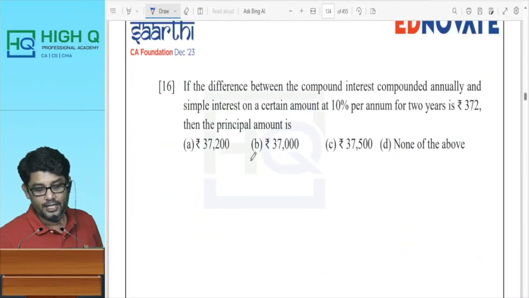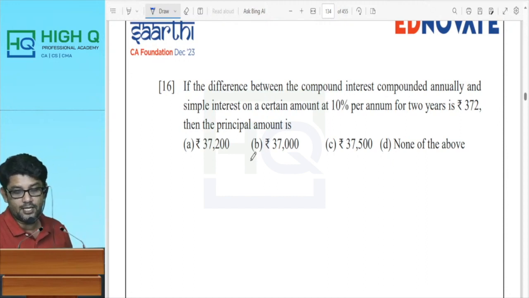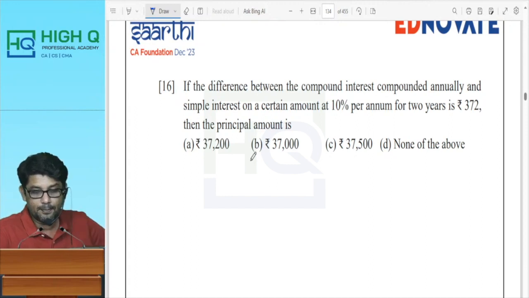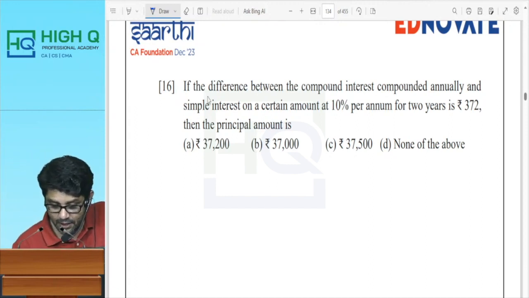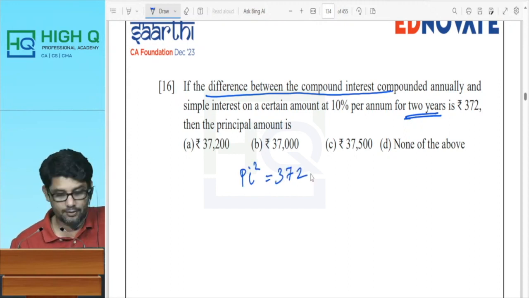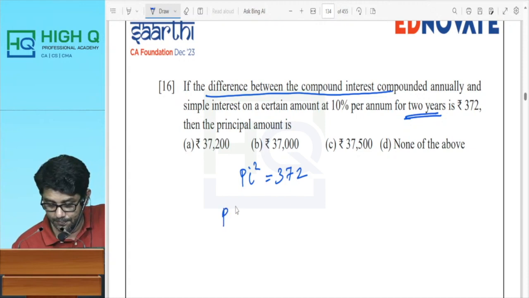Now, if the difference between the compound interest, compounded annually, and simple interest on a certain amount at 10% per annum for 2 years is 372 rupees, then the principal amount is, listen here, the difference between compound interest and simple interest for how many years? 2 years. So can I say P into I square equals 372? That shortcut is given to you. So P into, what is I square?